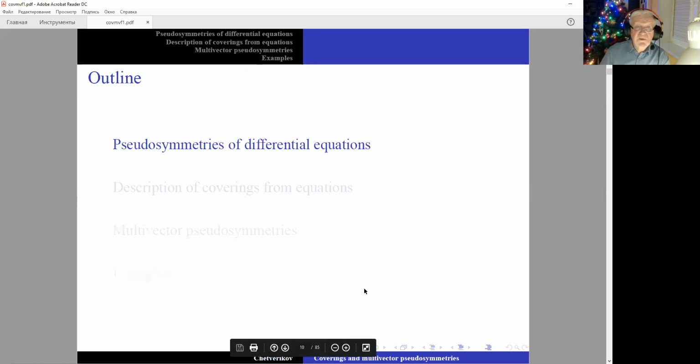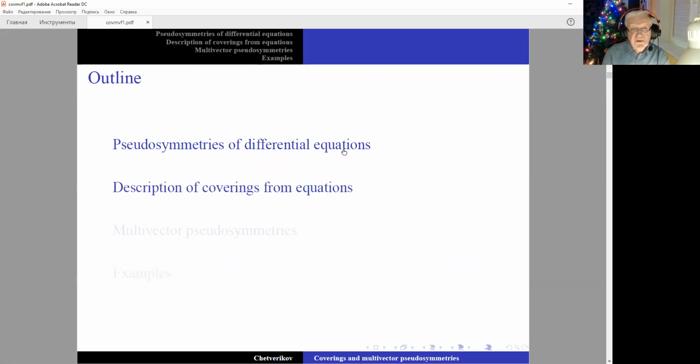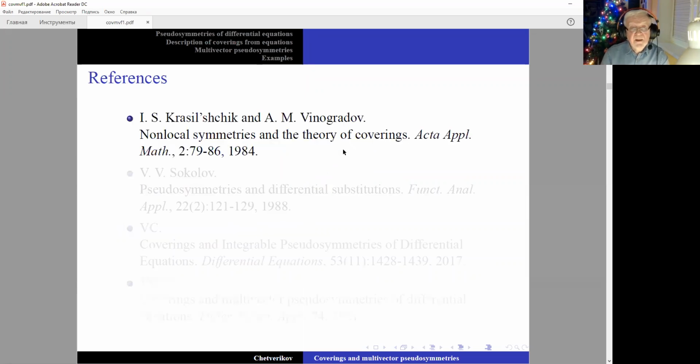Outline. The first part, pseudosymmetries of differential equations. The second part, description of covariance from equations, multivector pseudosymmetries, and examples. References.